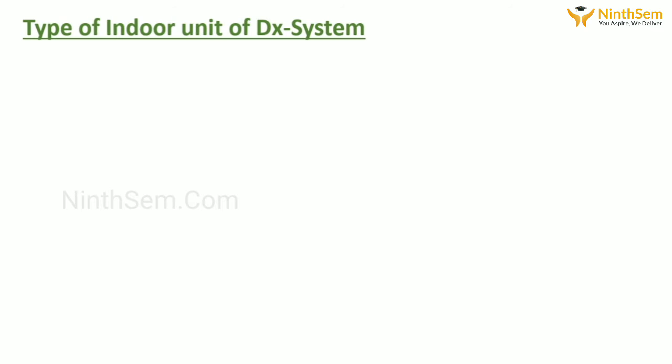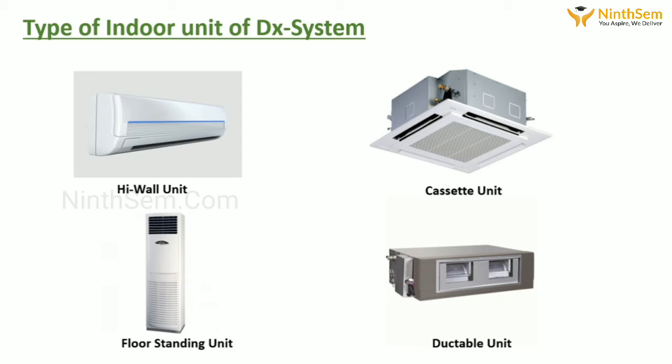Now, types of indoor unit of DX system. Here you can see the different types of indoor unit, that is high wall unit, cassette unit, floor standing unit and ductable unit.